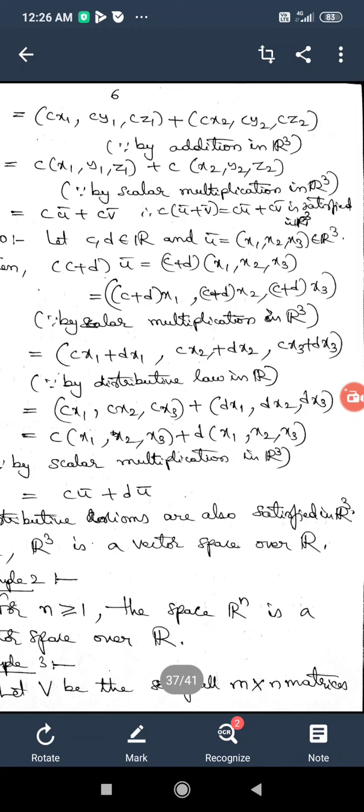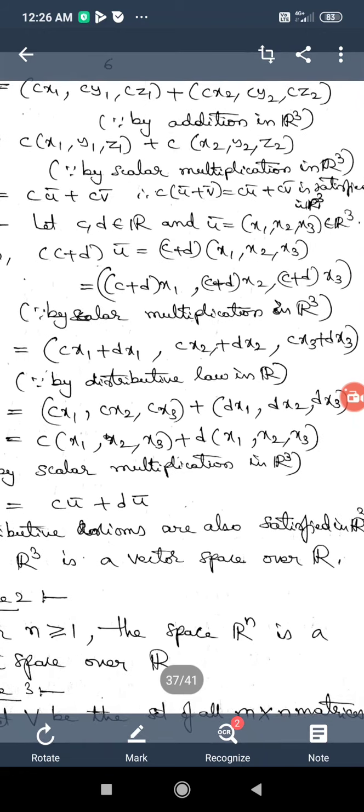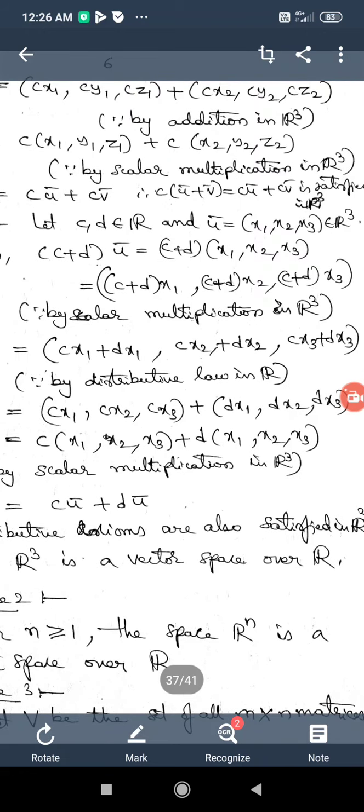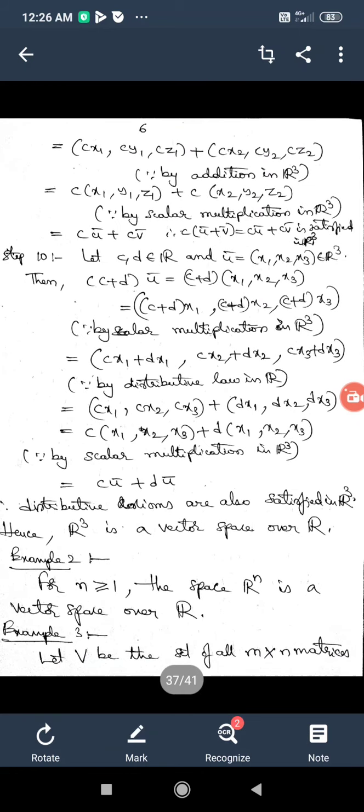And this is further equal to cx1, cx2, cx3 plus dx1, dx2, dx3 by the addition of two vectors in the set R3, and this is further equal to c times x1, x2, x3 plus d times x1, x2, x3 by the scalar multiplication in the set R3 by step 6. So this is finally equal to cu bar plus du bar.